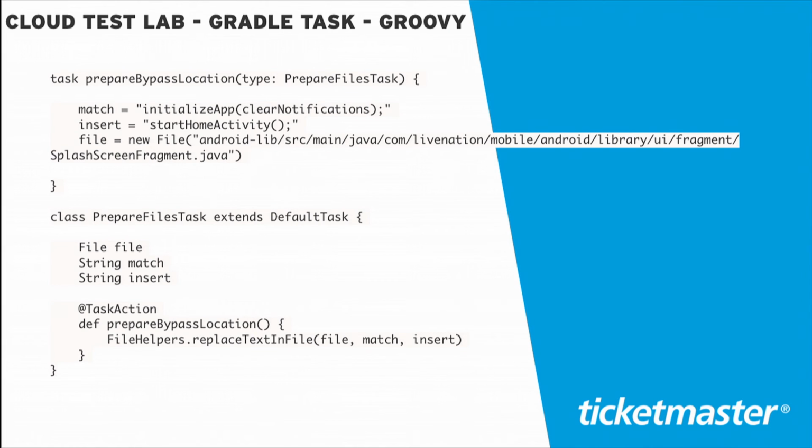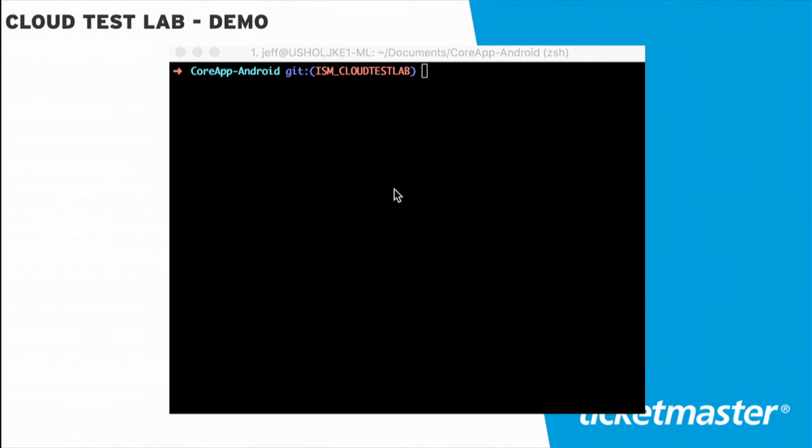So here, a simple Gradle task written in Groovy can help you accomplish that. For our Ticketmaster app, we basically just change the code to bypass some of it, so we can easily test it on the Google Cloud Test Lab. So here's basically just a Groovy script to change some of the files.